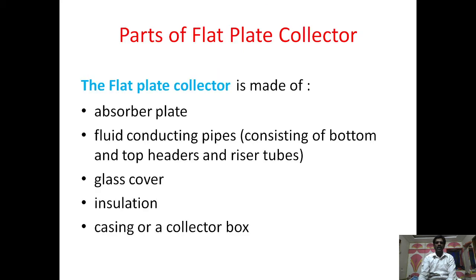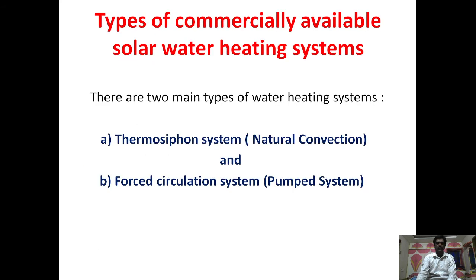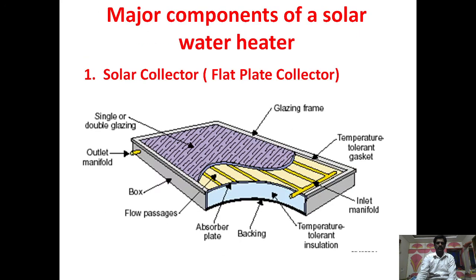Now see the flat plate collector. In the previous picture, the solar collector, the upper portion which we are seeing is the glazing surface, and beyond the glazing surface we can see fluid conducting pipes, and these fluid conducting pipes have one inlet and one outlet.